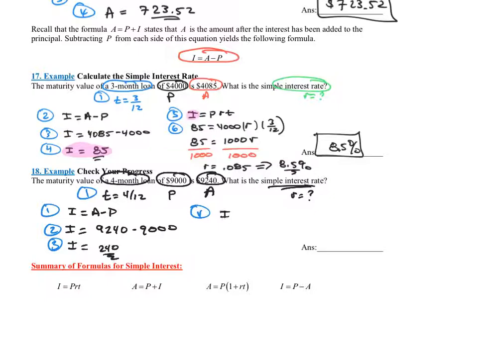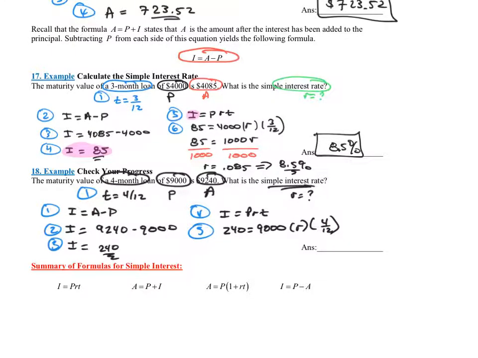Now I'm going to use I equals PRT. Next step is I plug in the numbers that I know. Well, I know I is now $240. P is the 9,000. R is just R, and T in this case is the 4/12. I simplify by multiplying 9,000 times 4/12.